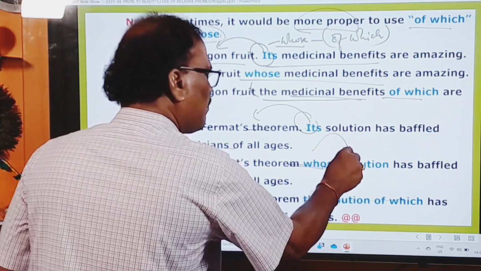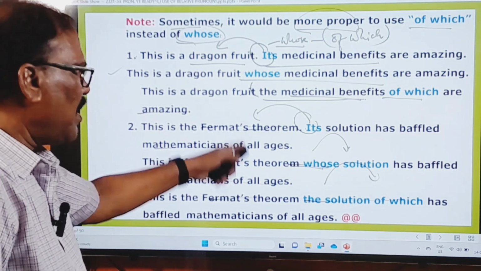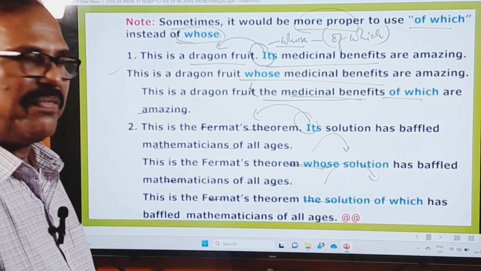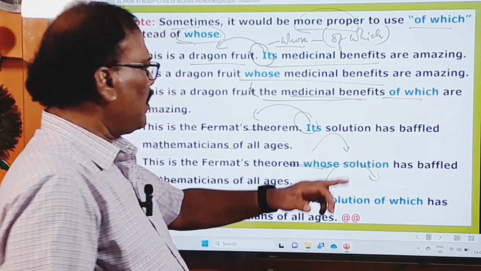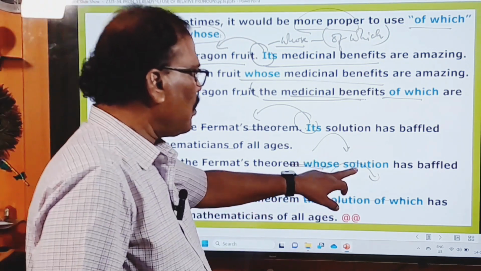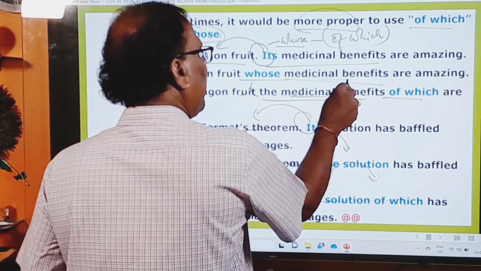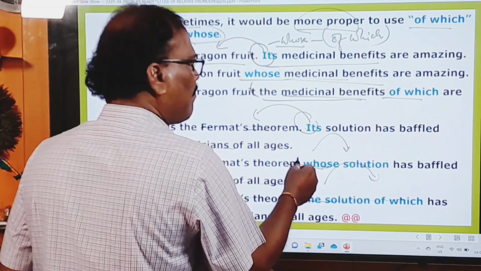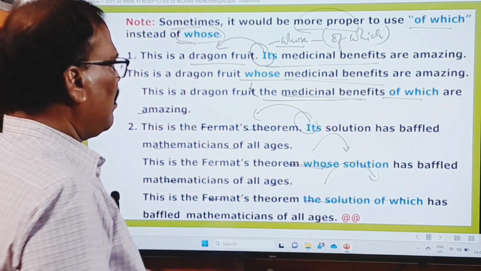Just observe these sentences, and you can understand the difference between the statements used with whose and used with of which. Whose solution, the solution of which. Whose medicinal benefits, the medicinal benefits of which. Okay, I should have colored these two words also. I have forgotten to do that.